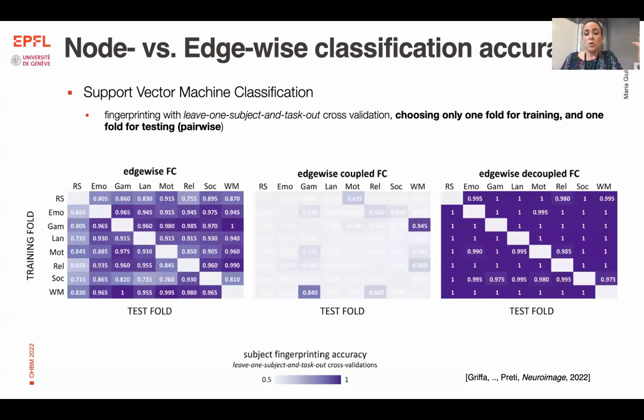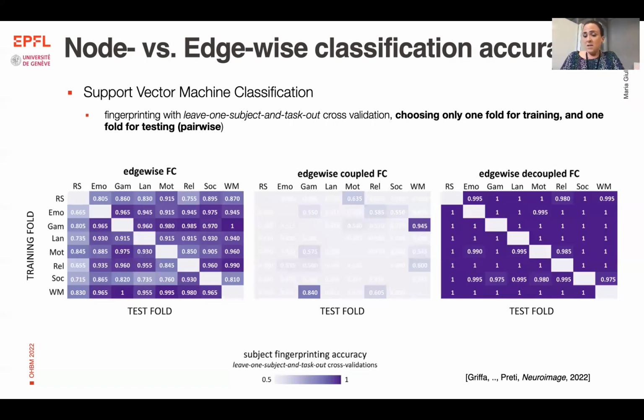In fact, this is confirmed also by another cross-validation setting, more difficult indeed, where we chose only one specific task for training and one other task for testing in fingerprinting. So for example, we want to identify subjects from rest to emotion, from rest to gambling, and so on.